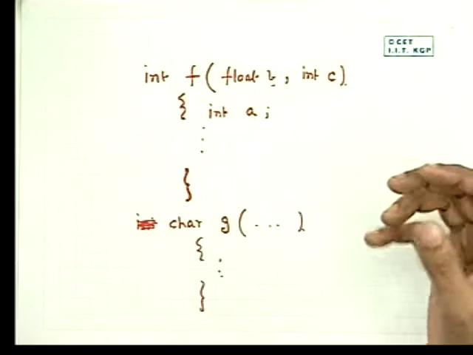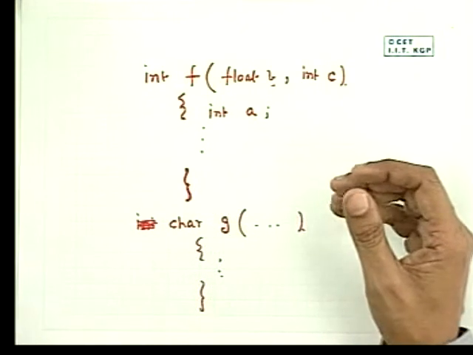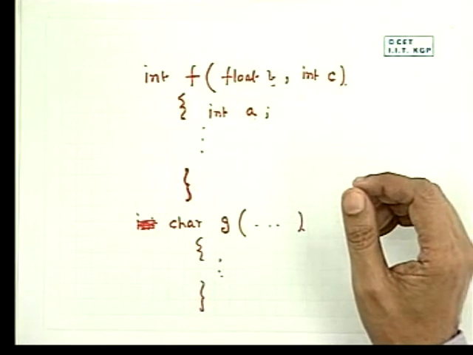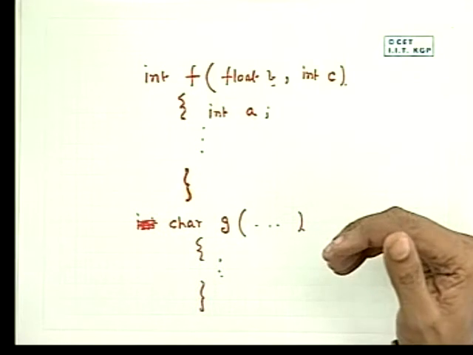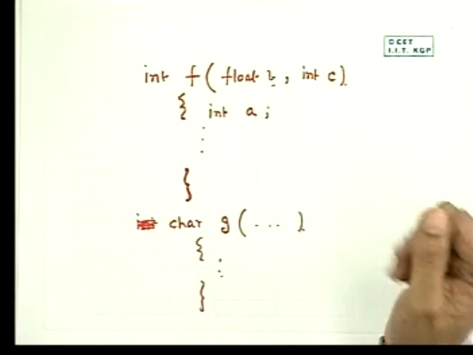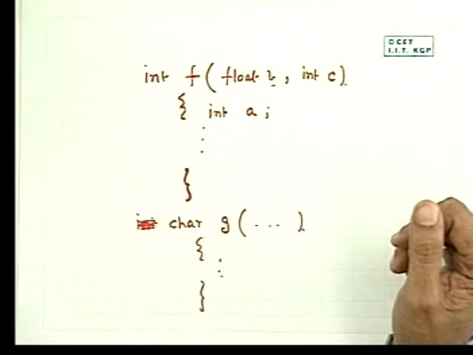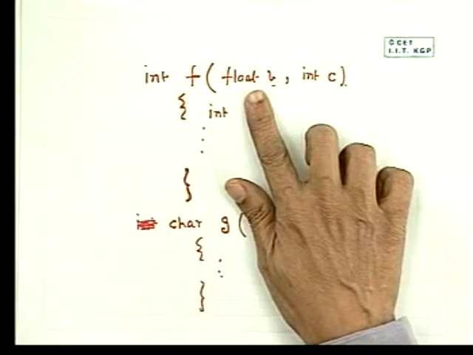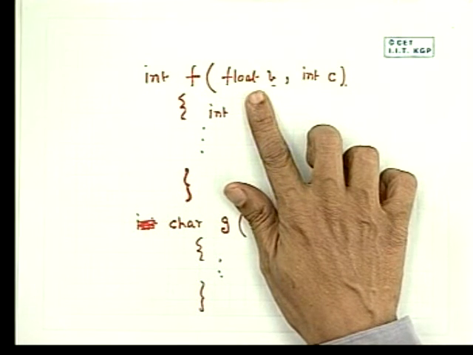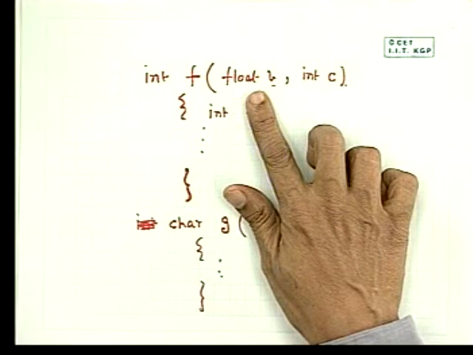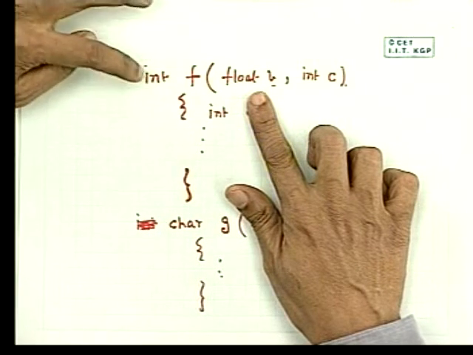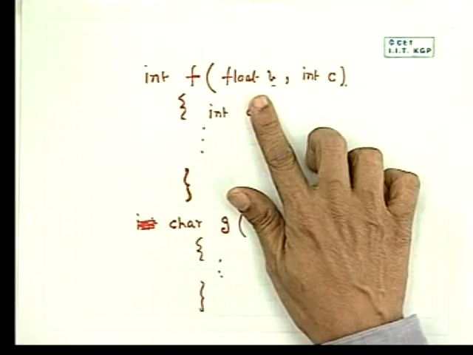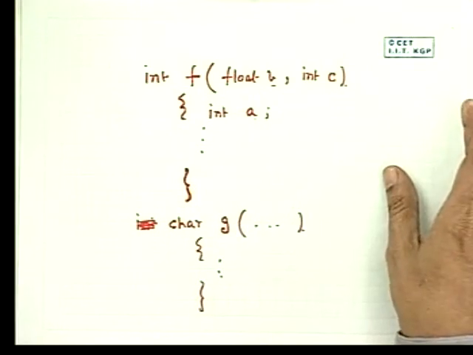Then when it is called, unless there is a proper matching of the types between the actual parameters being passed to the function and the formal parameters, an error will occur. Similarly, when the function returns a data value, if a type mismatch occurs, we will have a problem.